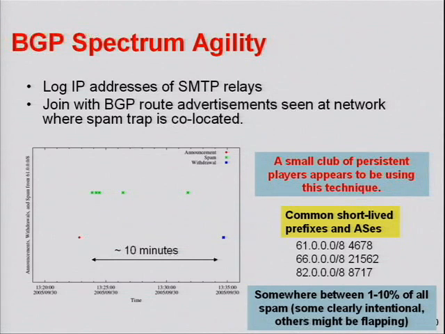Then a little bit later, we start to see spam trickling in from IP addresses in that space that previously was not even in the routing table. So this space recently became reachable, and all of a sudden we're seeing spammers hit us from that IP address space. Then a bit later, in this case about 10 minutes later, we see that route go away, so that address space is no longer reachable.